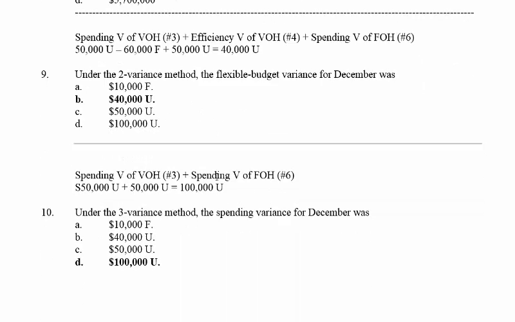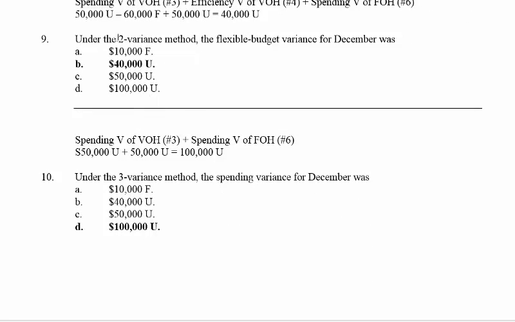Number 9, they want us to look at what our flexible budget variance would be for December. If you were to pull up the handout or look at our chart, the flexible budget variance is made up of 3 components when we're talking about just our overhead items.